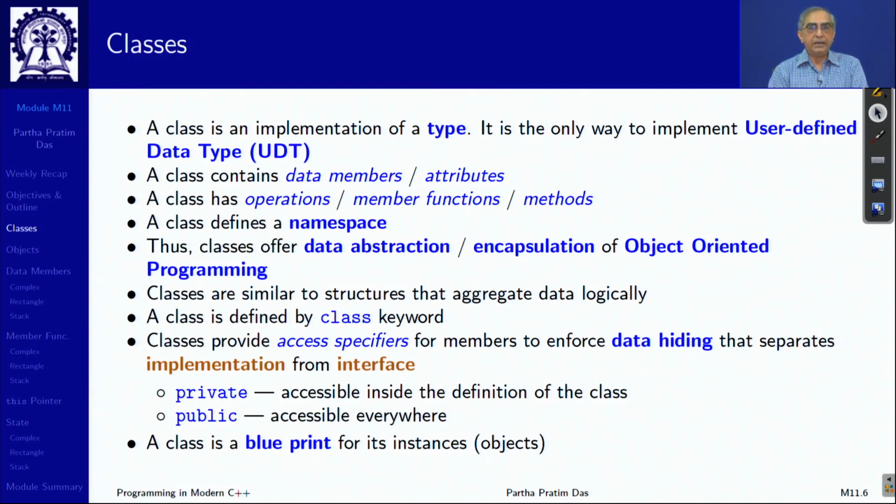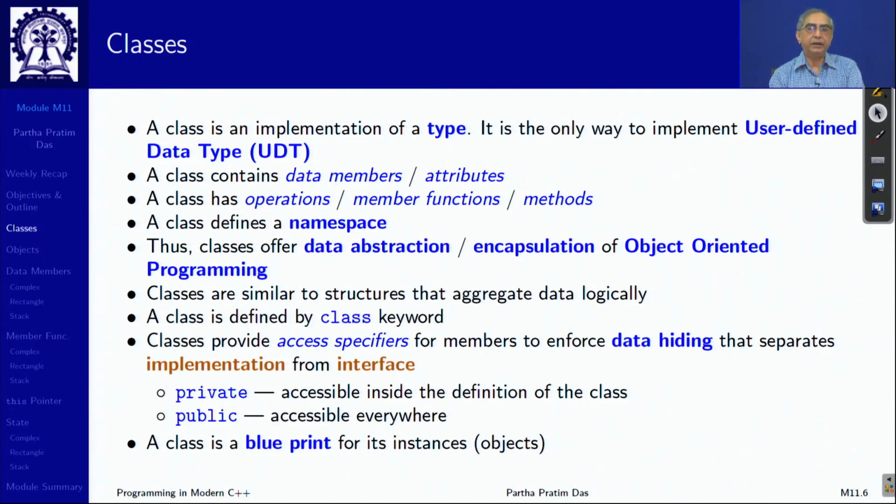So, naturally class is an aggregation. So, it has data members and attributes. It also has a number of operations, member functions or methods. These terms are interchangeably used to give the class its behavior.